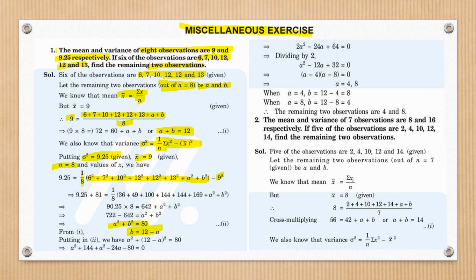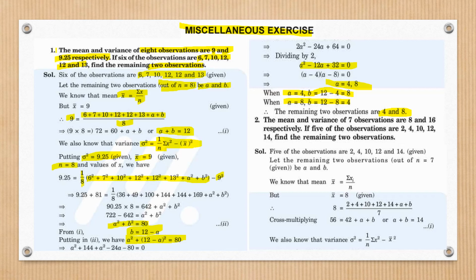It changes to a single variable term like a square, and then you'll get a quadratic equation a square minus 12a plus 32 equal to 0, and the two factors of a are 4 and 8. So when a is 4, b is 8; when a is 8, b is 4, right? So in any order, the two remaining observations are 4 and 8. This is the way the question is done.